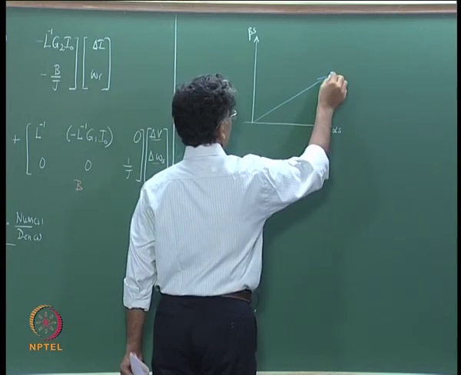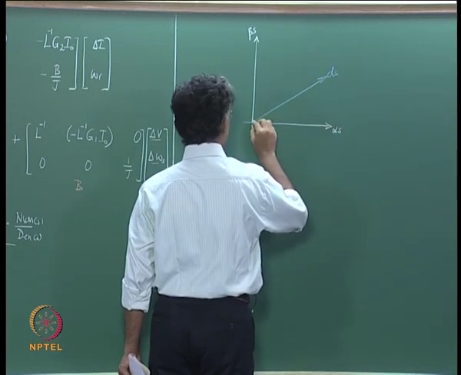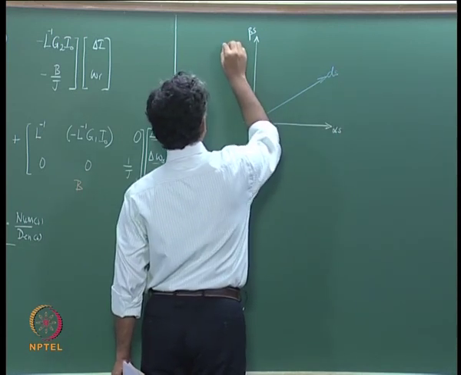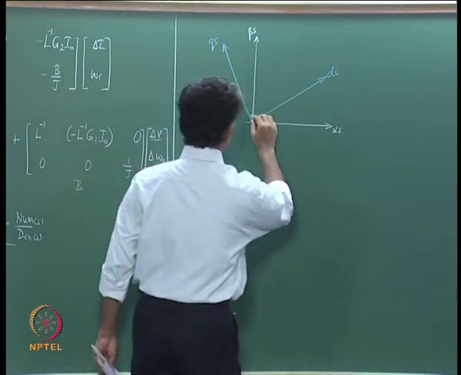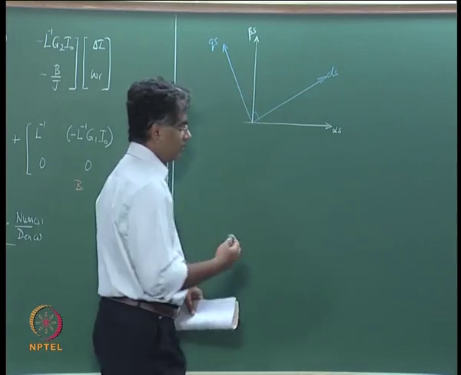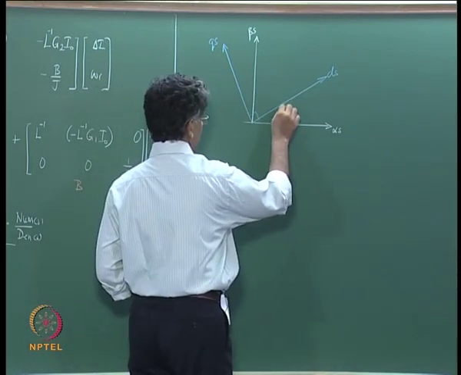This is your d synchronous axis, and then you have the q synchronous axis. This angle is 90 degrees because all the axes are like that.